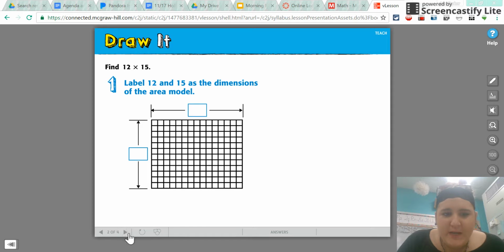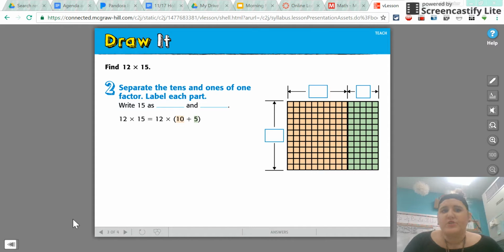Okay, your next step in this is to separate the 10s and the 1s of one factor. So you're going to do 15 first. That means that we're going to look at 15 like we would look at base 10 blocks. So if we had base 10 blocks, we would have 1 ten and 5 1s.